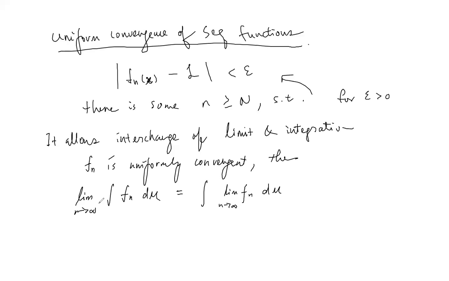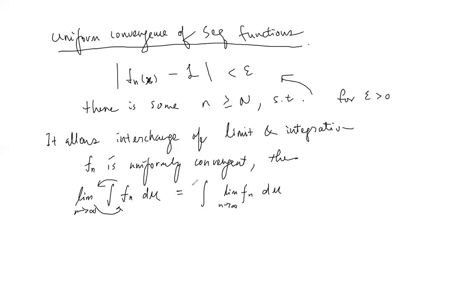So you can move the limit operation inside the integral, exchanging the order of operation, and this only works if your Fn is uniformly convergent.